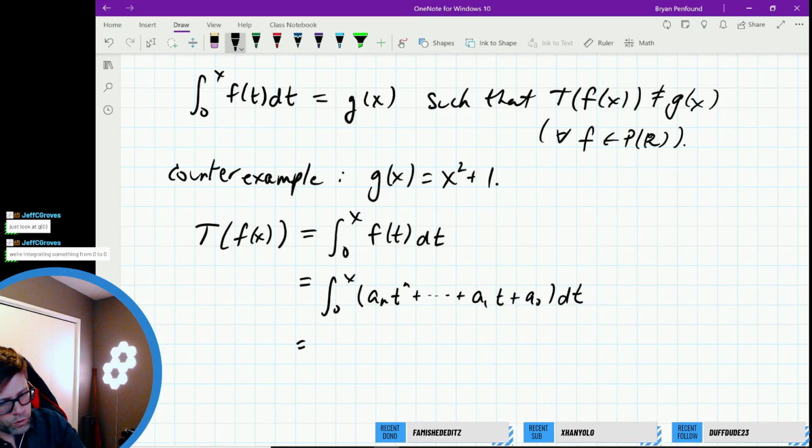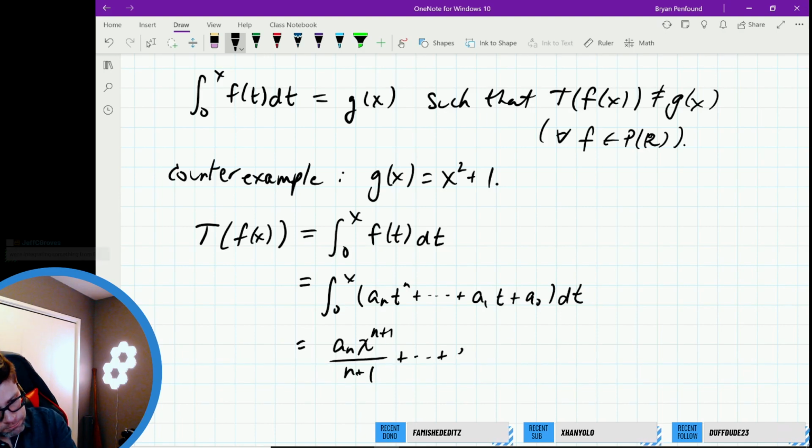And so when we integrate this, we should get something like this.